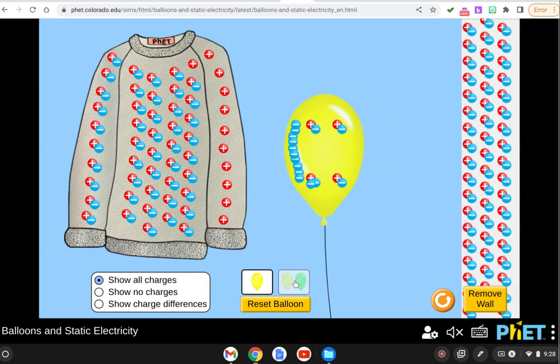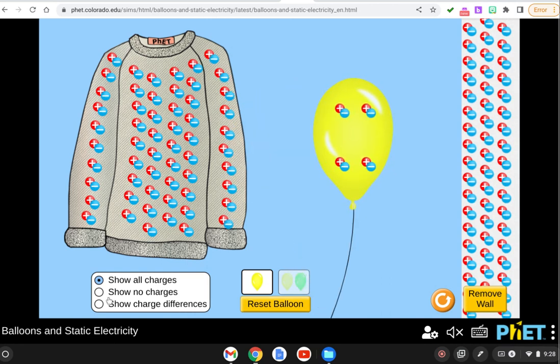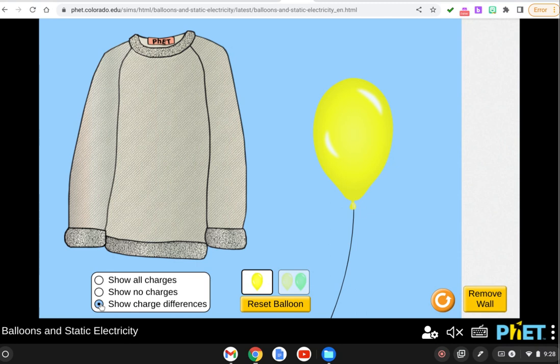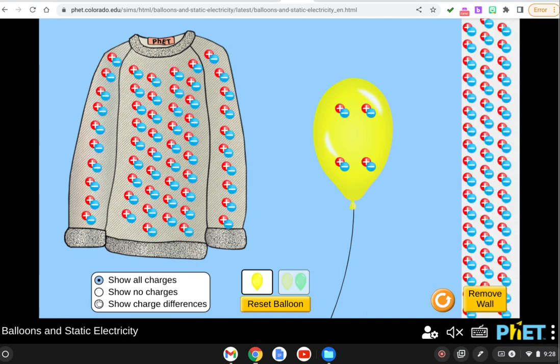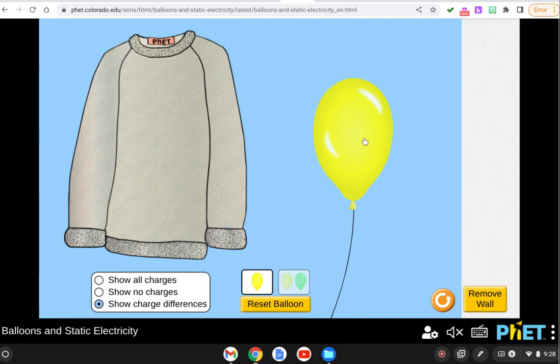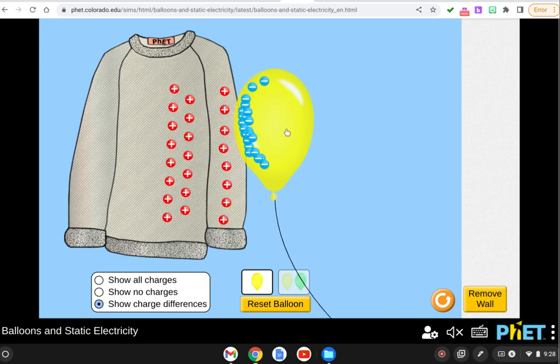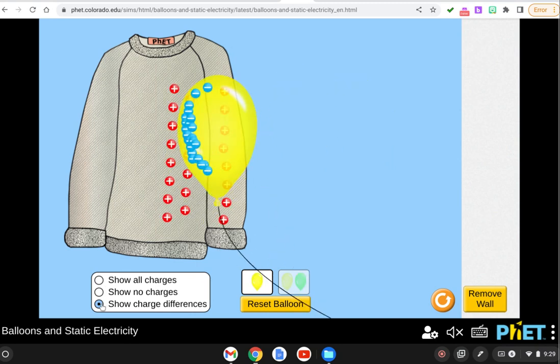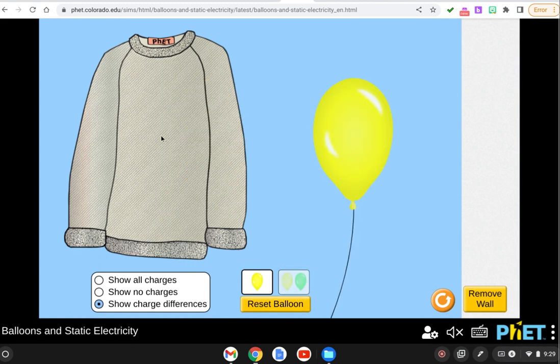Okay, wait, I will check again, 1 minute. See? I will show you again. Right now, it is neutral. Okay, neutral means number of charges are equal. For example, if there are 100 positives, so 100 negative. If there are 4 positives, so 4 negative. Both are neutral.